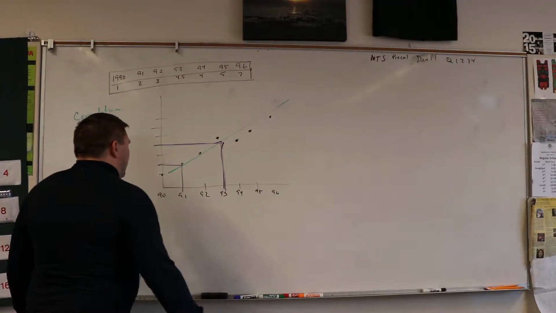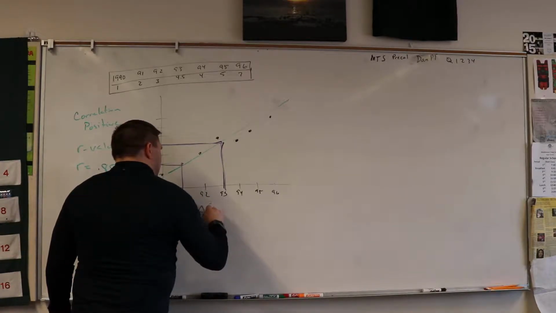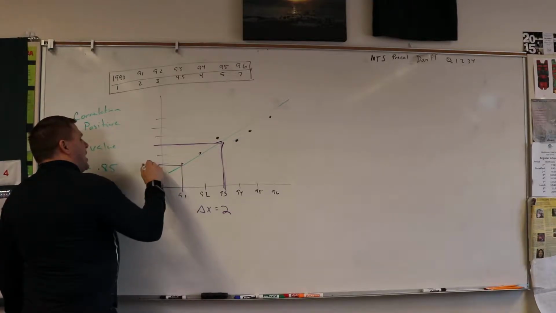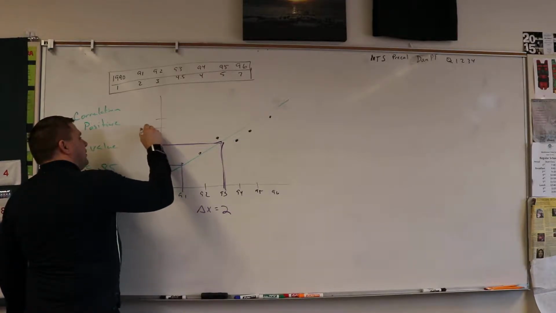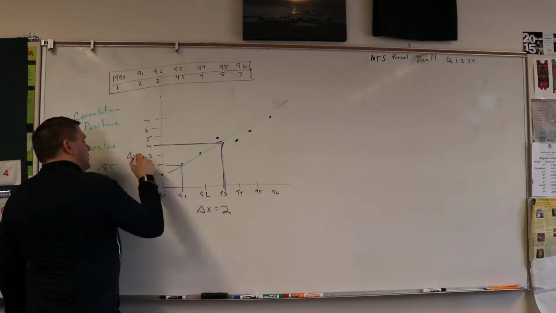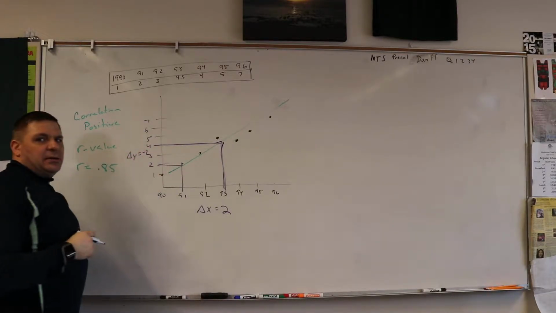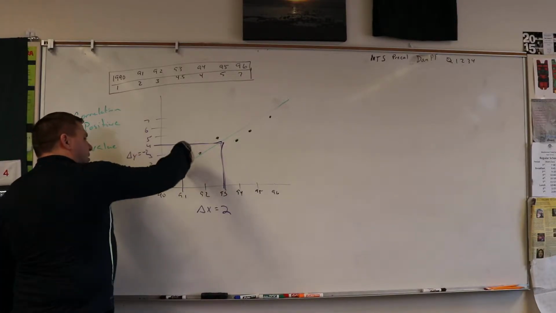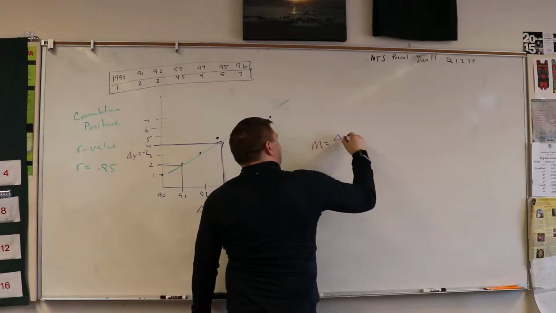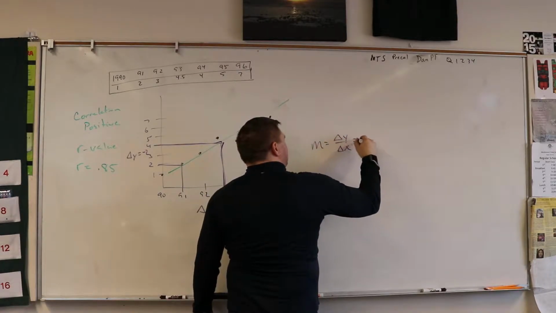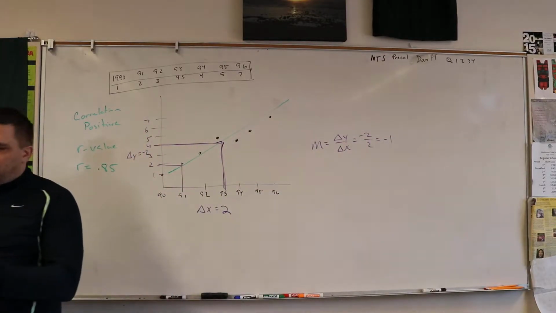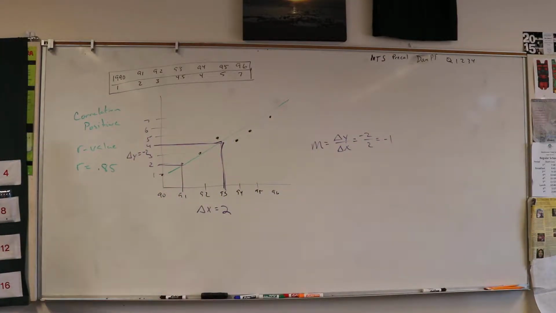What I can see here is the difference in x is equal to 2, and the difference in y is negative 2, because it's going down 2. That means my slope is equal to the difference in y over the difference in x, which is equal to negative 2 over 2, which is equal to negative 1.